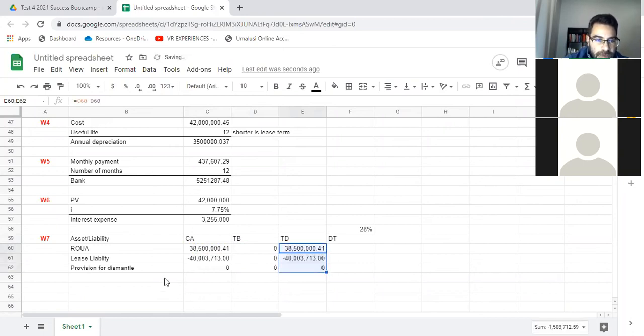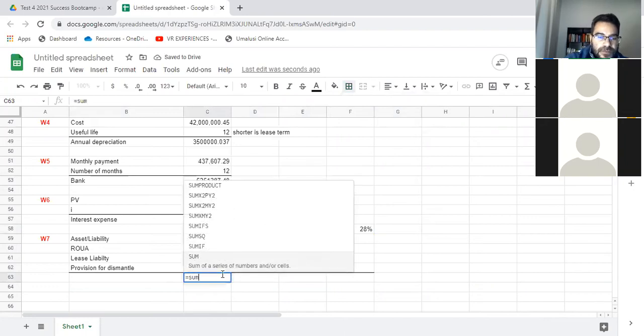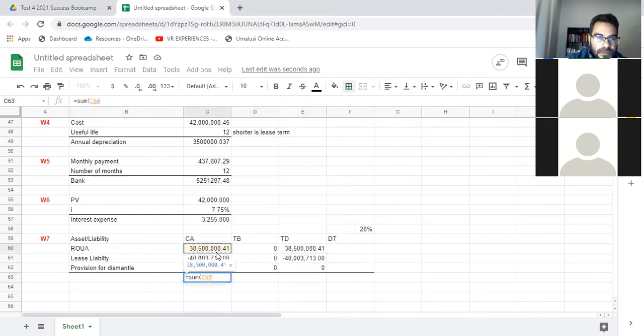So there we go. Then it's temporary difference times 28%.